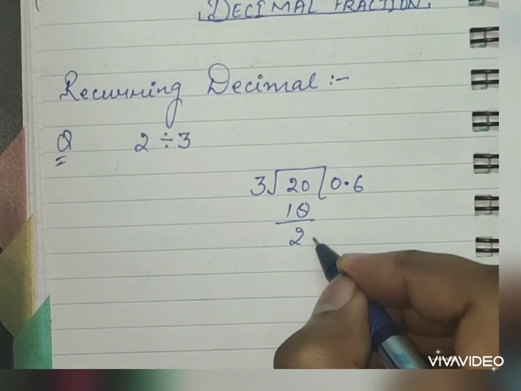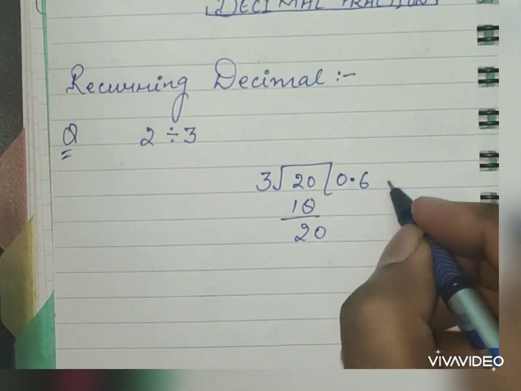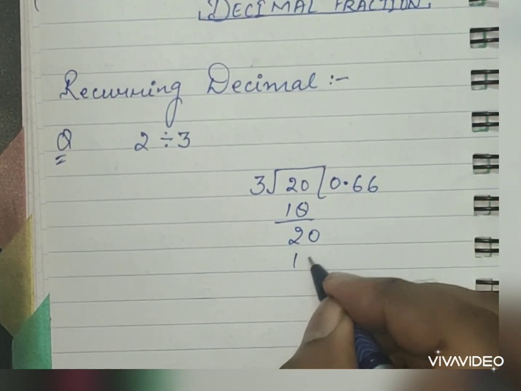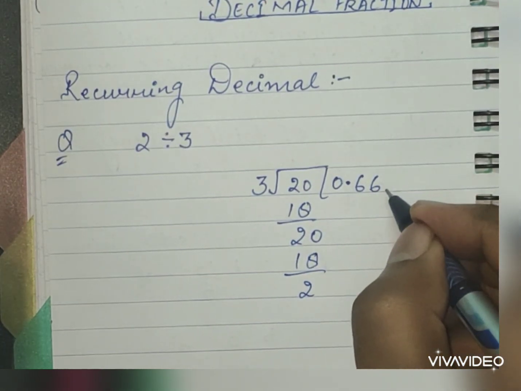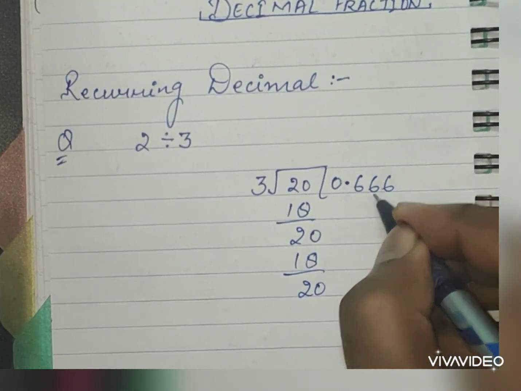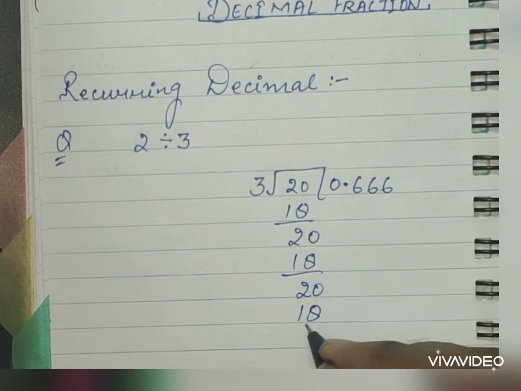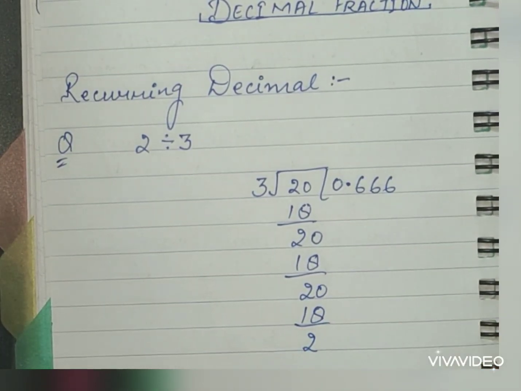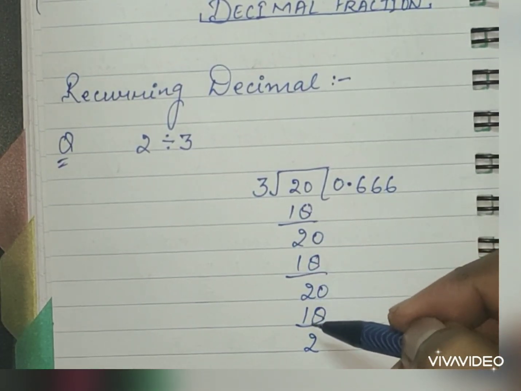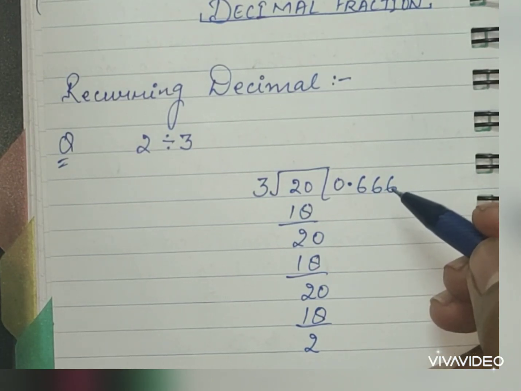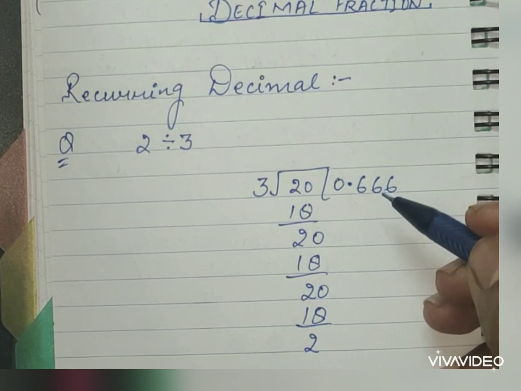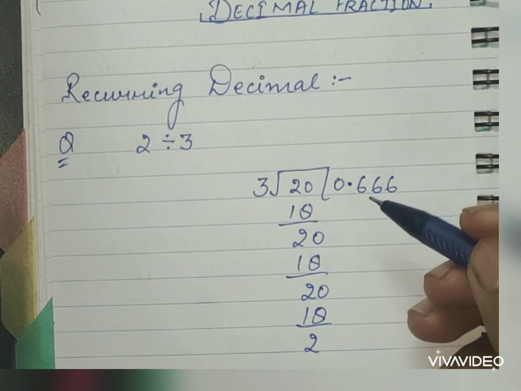Again 2 is left, again you put 0. 3 6 18. Again 2 is left, then you put 0 and 6. 3 6 18. So here you can see that the remainder 2 keeps on repeating itself, and in the quotient also the 6 is repeating itself. So this is called the recurring decimal.